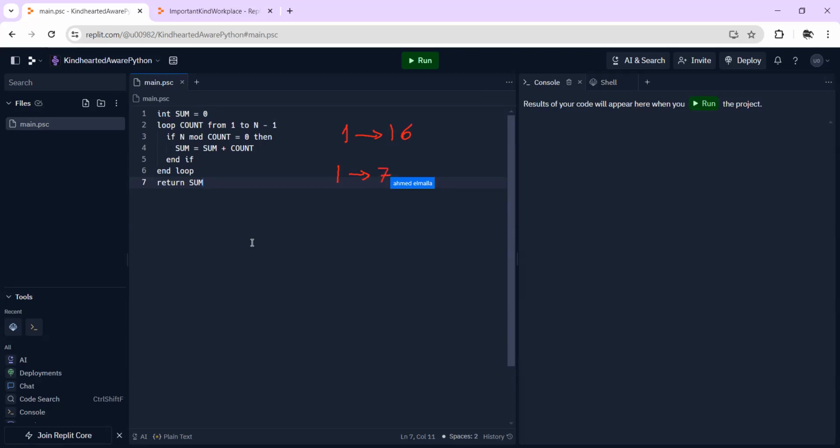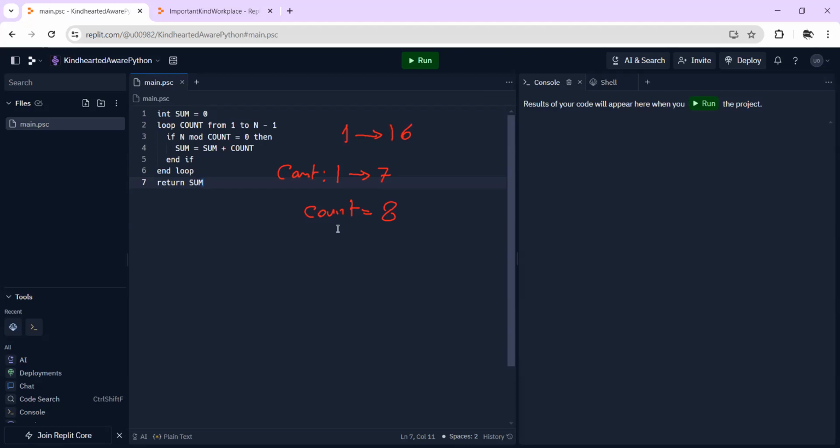From when the count is 1 to 7, okay, fine. That's no big deal. Now if count equals 8, go through with me. So n mod count equals 0 or not?